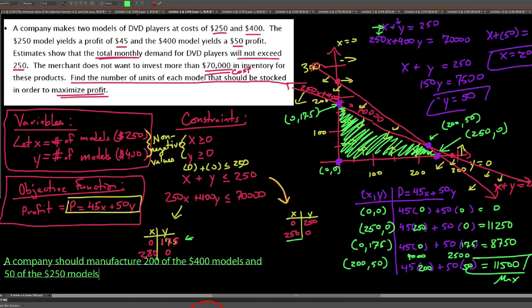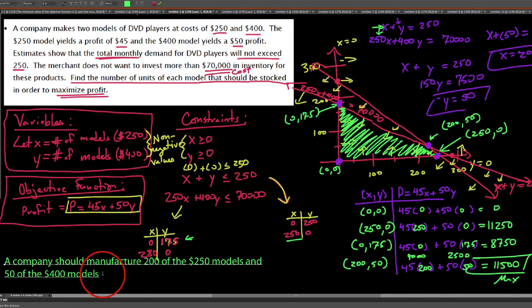And I just got this from right here, our objective values, 250, and my variables over here. So 200 of the, and actually I've got this backwards, our x value is 200, and that was our $250 model. So I'll go back and fix this. So 200 of our $250 models, and then we would produce 50 of the $400 models.